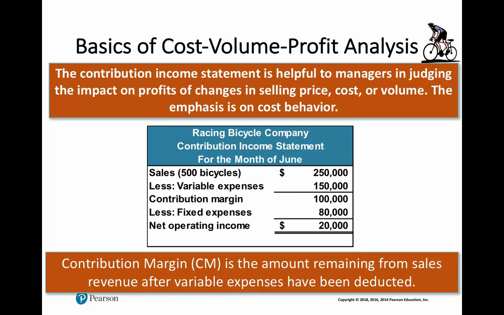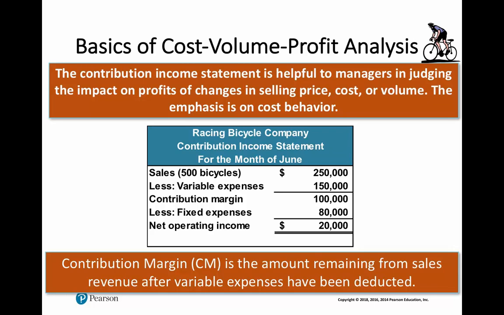And because our selling price and our variable expense per unit are constants when we're talking about our business, our contribution margin per unit is also going to be a constant. So we can use that a lot, and that's going to help us figure out different levels of activity. If we're just trying to find different levels of income, we can use a shortcut and say, instead of selling 500 bicycles at $200 contribution margin per unit, now let's say we sold 550 bicycles at $200 contribution margin per unit.